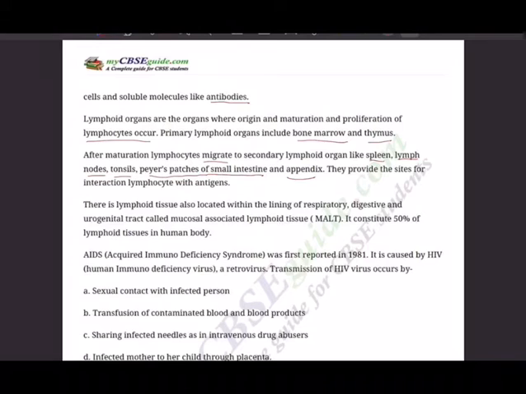They provide the sites for interaction of lymphocytes with antigens. That is the place where the lymphocytes will fight with the antigens.